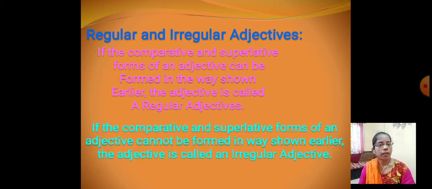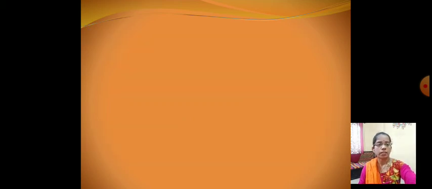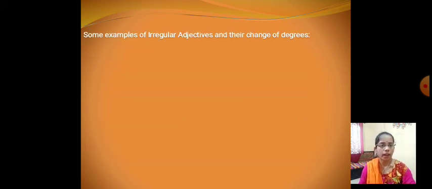If the comparative and superlative forms of an adjective cannot be formed in the way shown earlier, the adjective is called an irregular adjective. It means some adjectives are not formed by the particular rules. These are called irregular adjectives. See some examples of irregular adjectives.